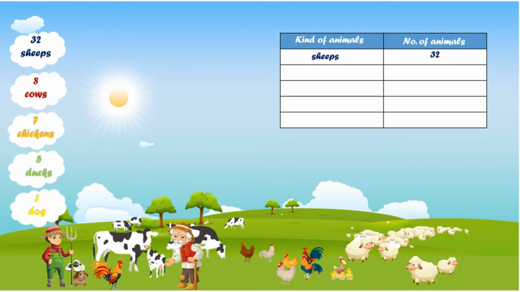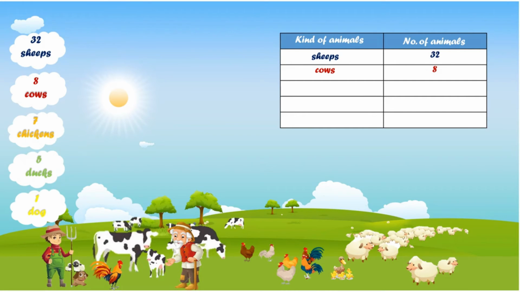What was the next in your list? I have cows. Then you have to write cows. How many cows do you have? I have 8. Then you have to write 8. Oh, very good, my son, very good.